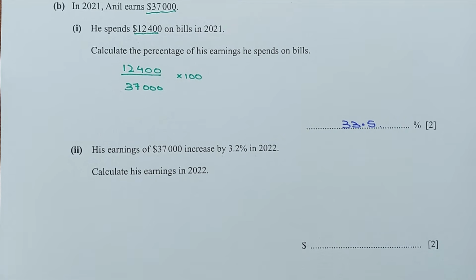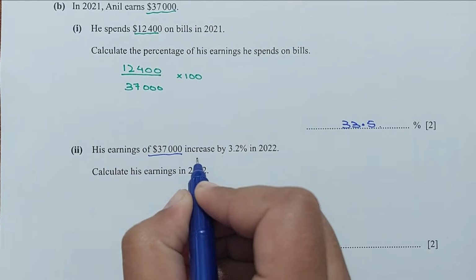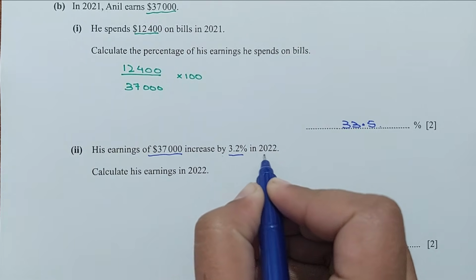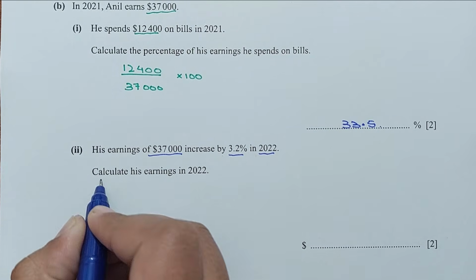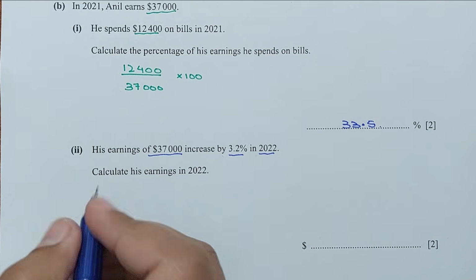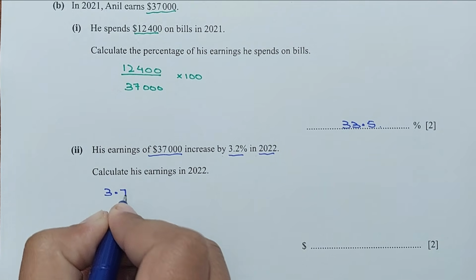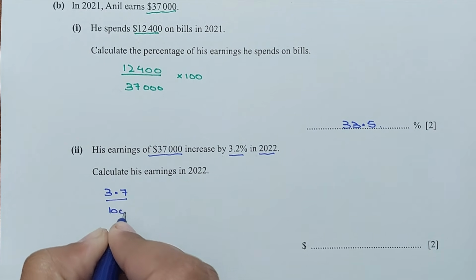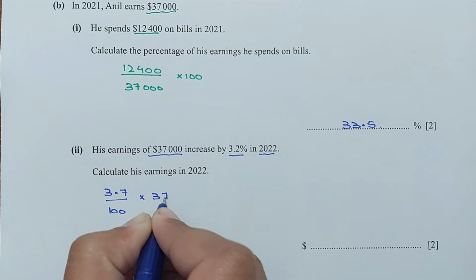Now for the second part, his earning of $37,000 increased by 3.2% in 2022. Calculate his earning in 2022. So we have to find 3.7% of the earning 37,000.